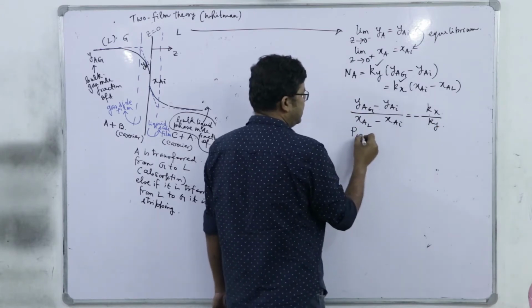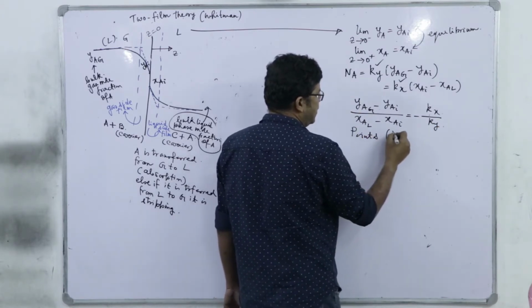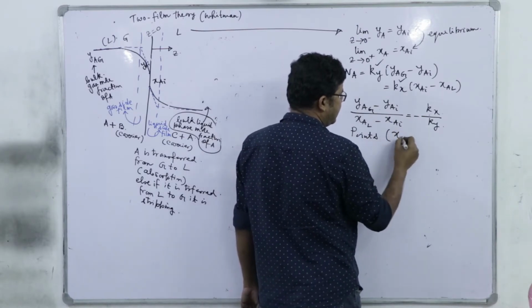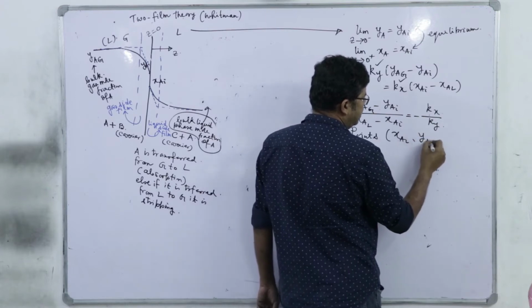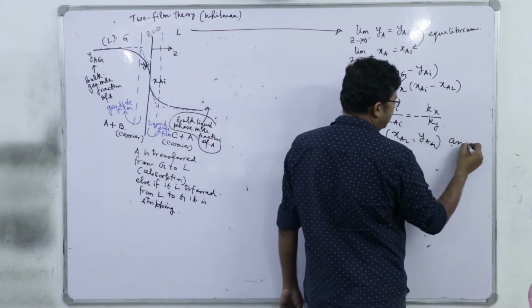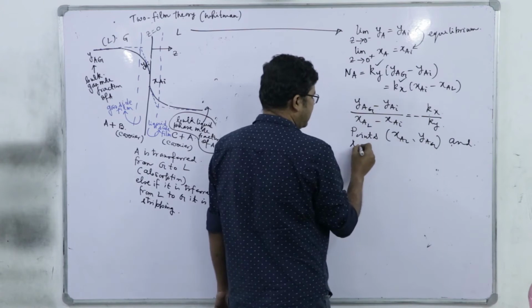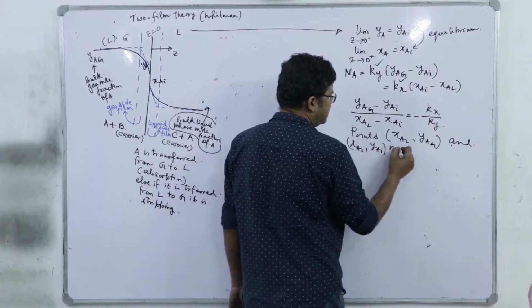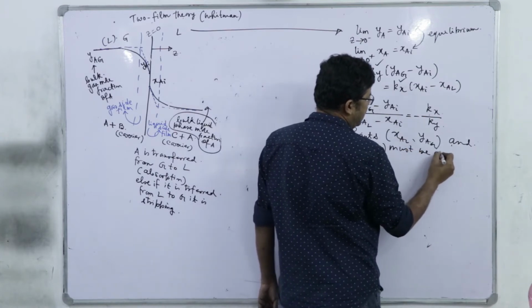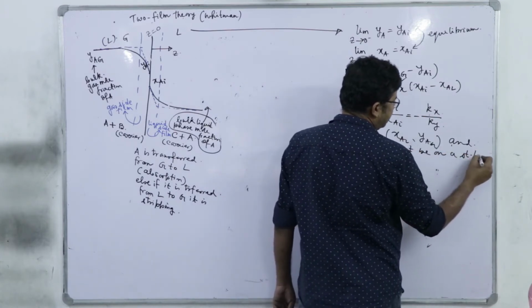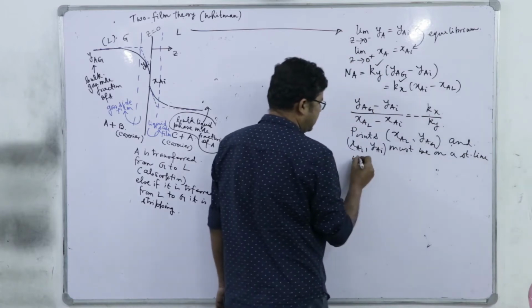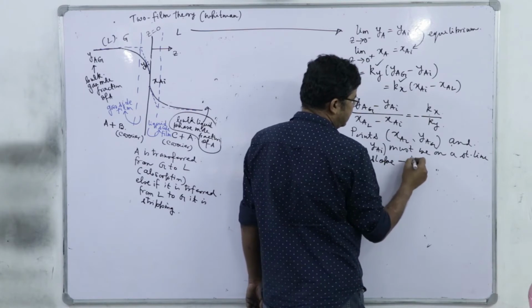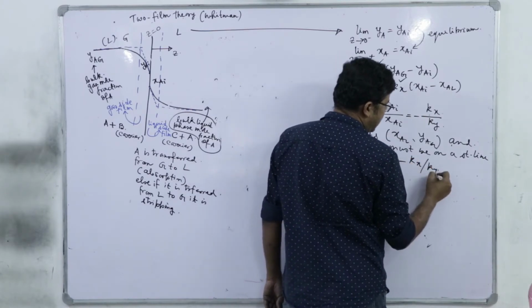So, the points Xal, Yag and Xai, Yai must be on a straight line with slope minus Kx by Ky.